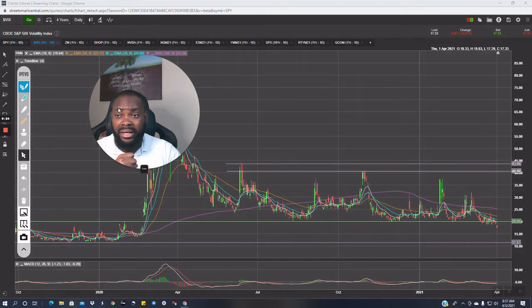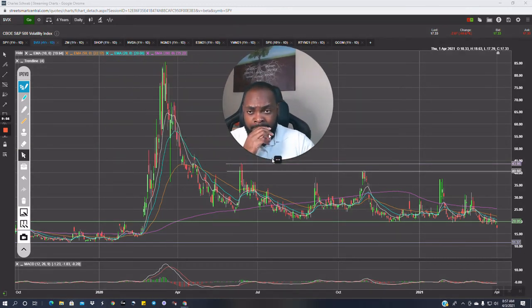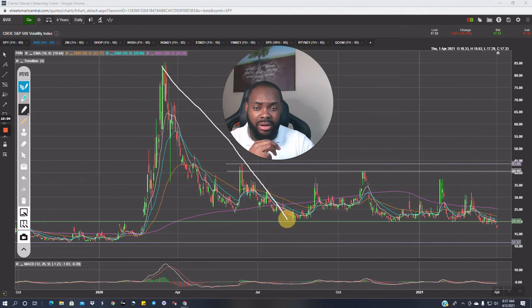Because this is very, very important, because ever since 2020, when the VIX spiked up, we realized that the VIX was continuously finding support around the 20 level, right? So that means that every time the market would run up and the VIX would come back down to 20, the VIX would bounce and the market would top out and pull back.